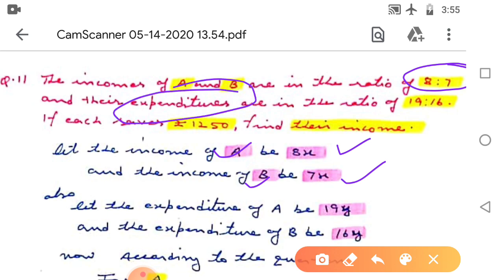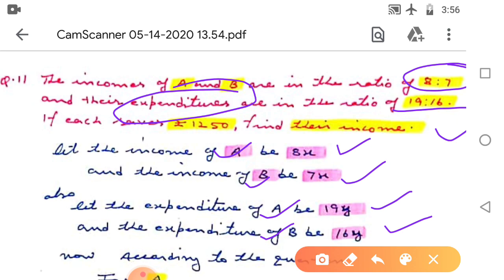The ratio of the expenditure is 19 is to 16. So let the expenditure of A be 19y and the expenditure of B be 16y, because the ratio is 19 is to 16.